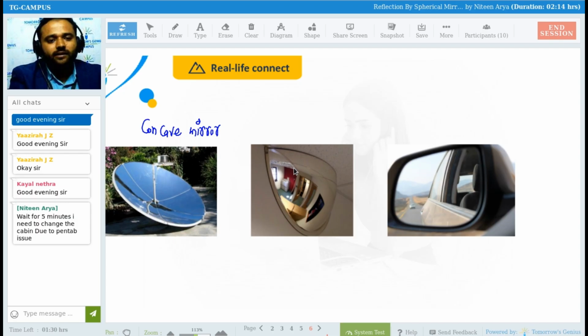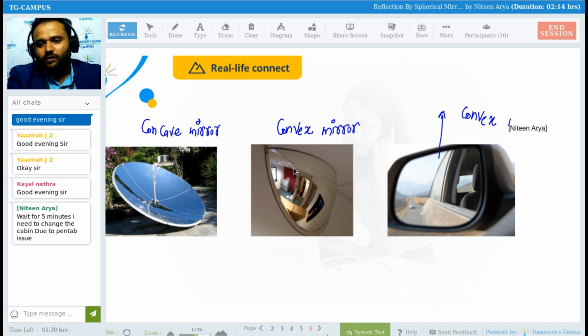This is simply a convex mirror. Maximum number of times you will see it in large shopping centers, mirror malls, or in metro stations, and that is your side mirror, or side view mirror.